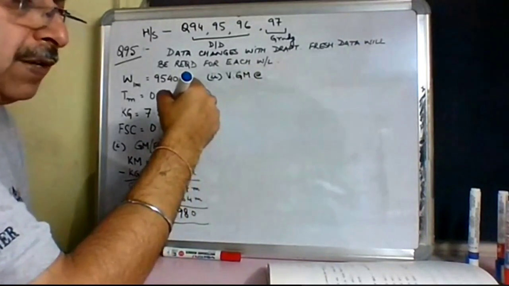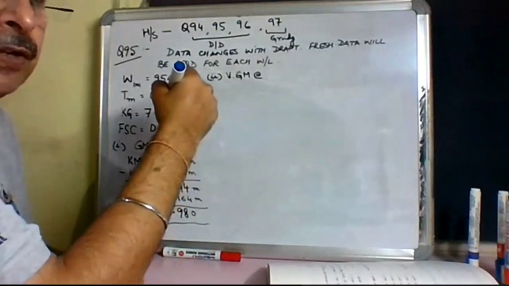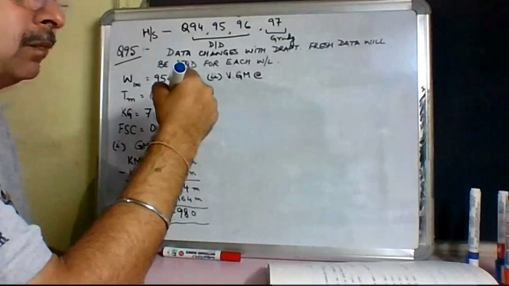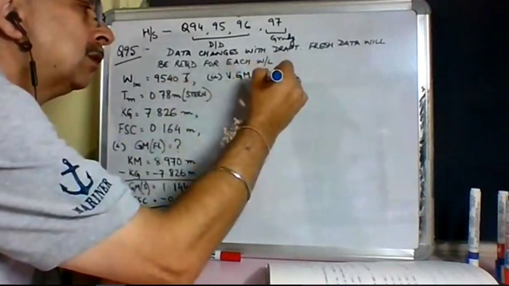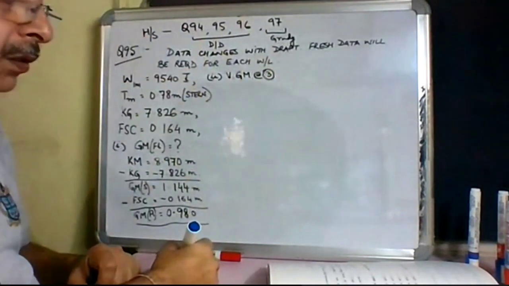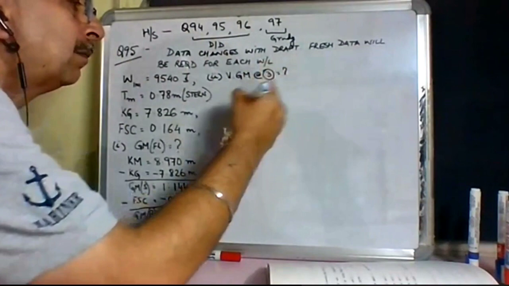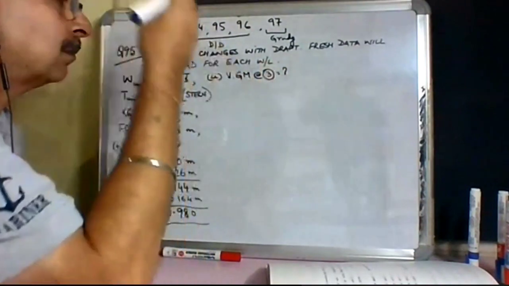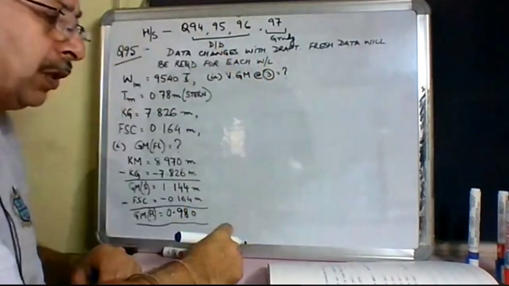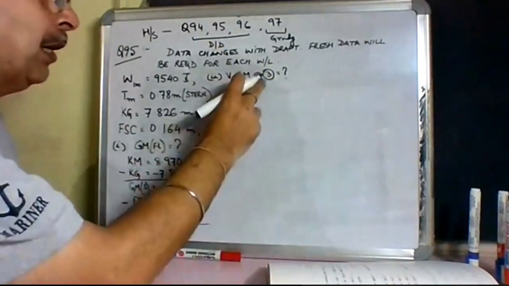Which waterline are we talking? Three, sir. Okay. So 3 की बात हो रही है. All right. So we need VGM at waterline 3.